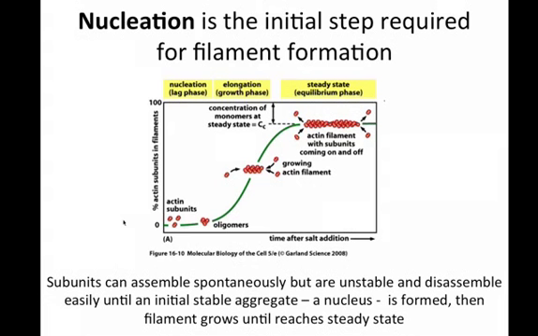And this is your critical concentration, where the concentration of monomers in the cell is such that you've got equal addition and removal of monomers. So you stay the same size. Okay? Not you. The filament. Are we good?